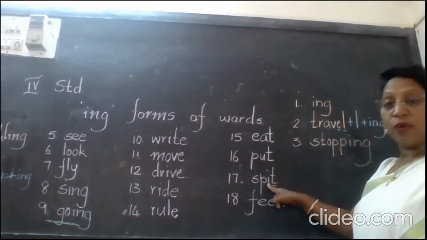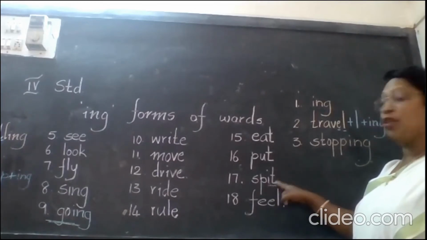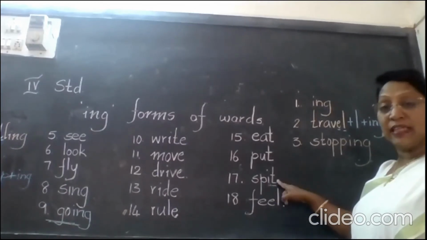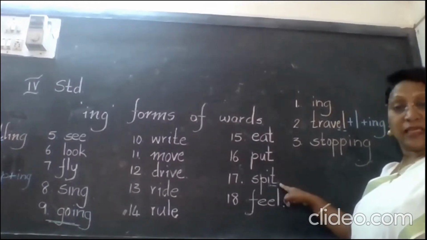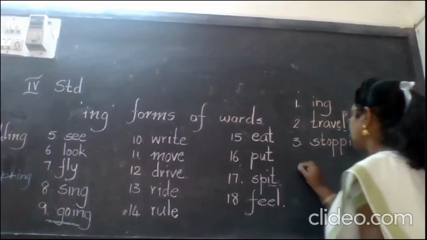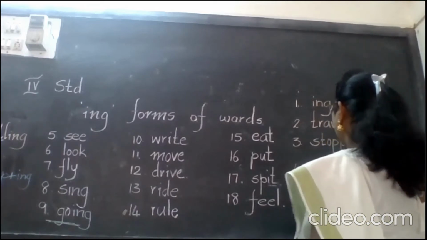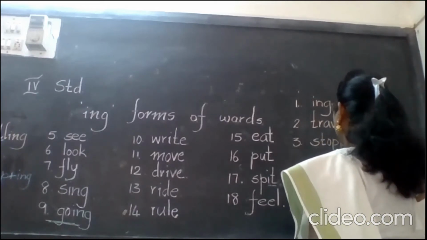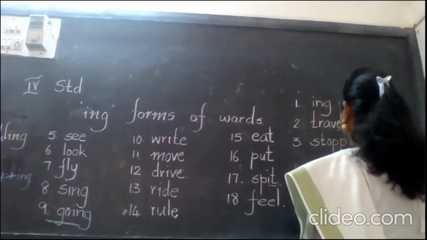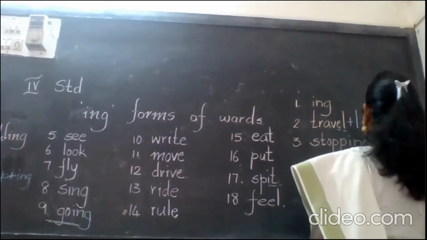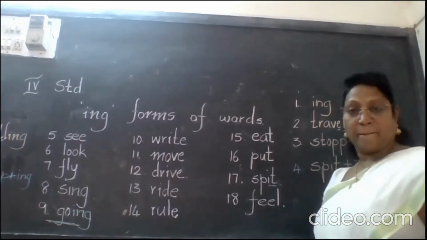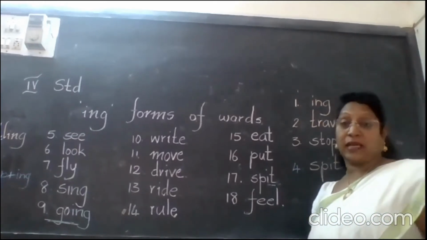So if you have the vowel like that, then what you do, add T to it plus ing, it will become spitting. Correct? So let's see. S-P-I-T, spit, plus T, plus I-N-G, spitting. That's the second.